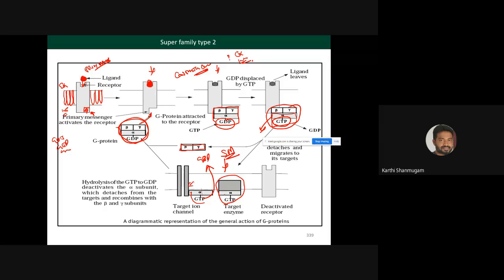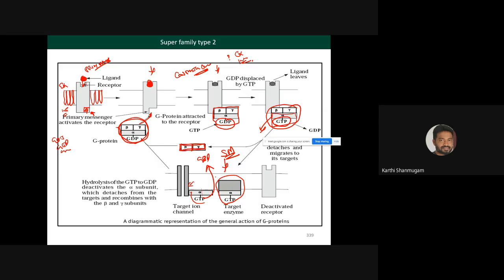Again, I repeat. The dissociation takes place because of the conversion of GDP into GTP. The alpha subunit with GTP dissociates from the beta and gamma subunit, which are still a complex. The alpha subunit executes its job, either activating or inactivating the ion channel, or activating or inhibiting the enzyme.